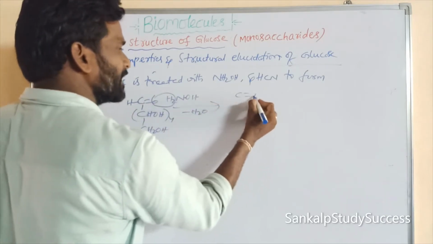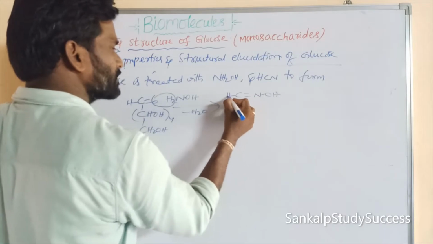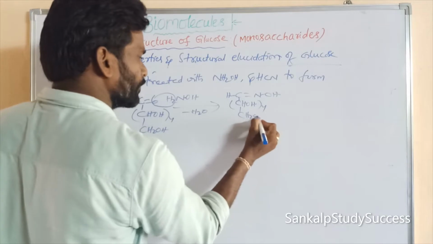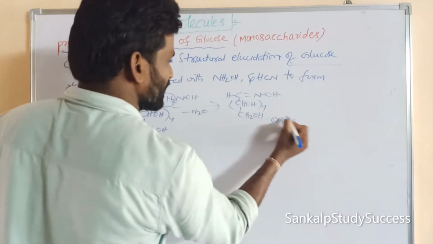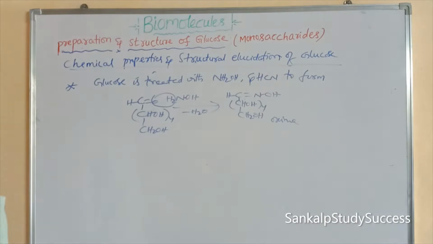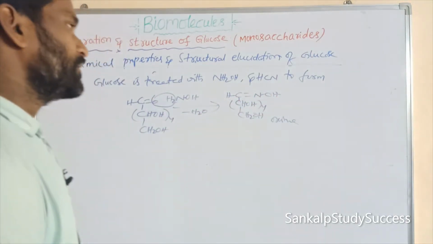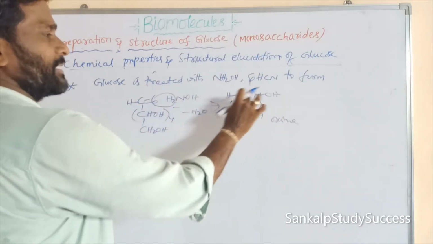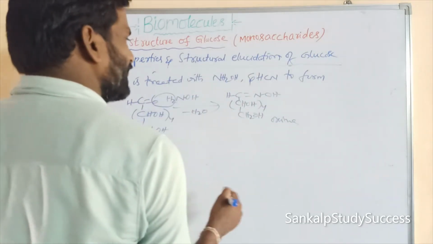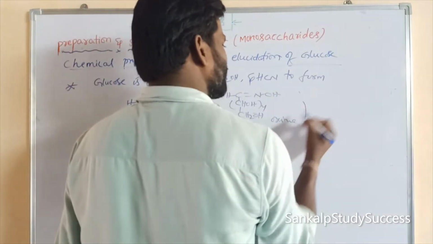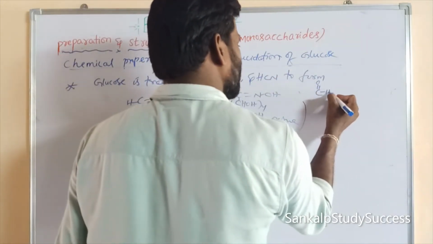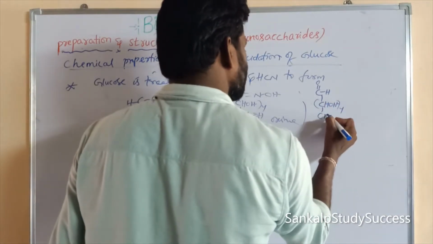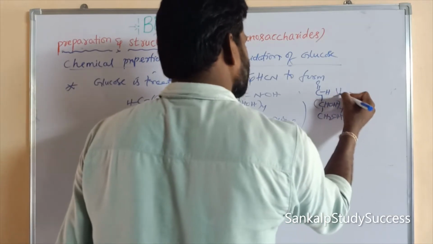So what happens? C double bond NOH, H, (CHOH)4, CH2OH. This is said to be an oxime. C double bond NOH is said to be an oxime. So glucose is treated with hydroxylamine to form glucose oxime, and similarly it can react with hydrogen cyanide, (CHOH)4CH2OH, HCN.